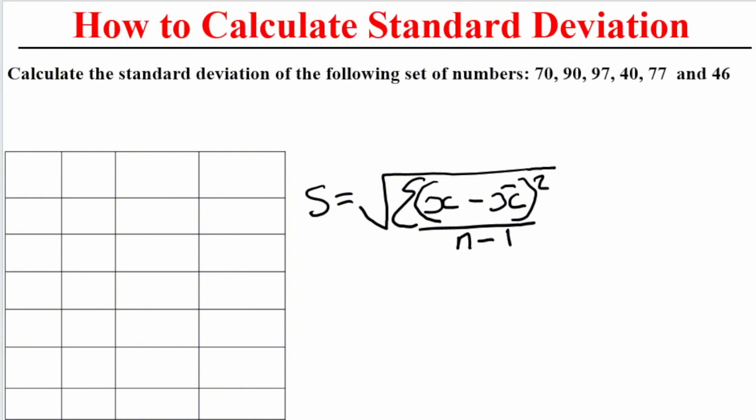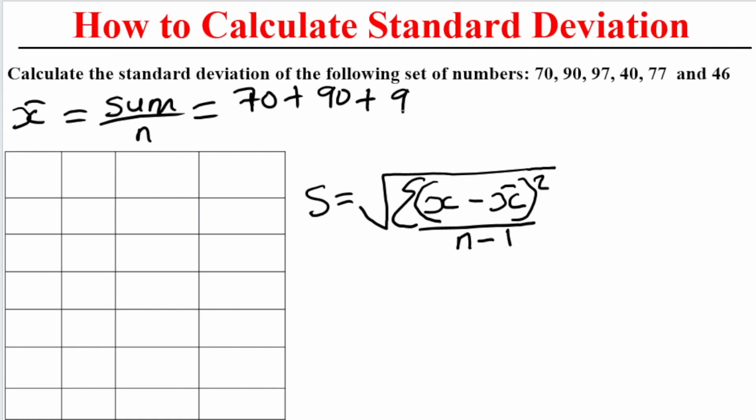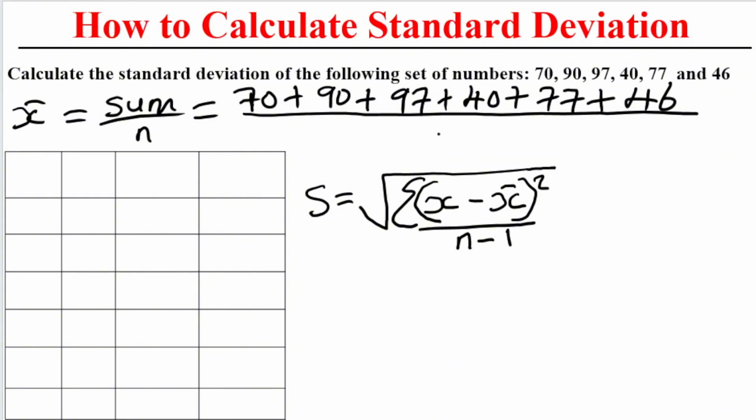Step 1 says we should find the mean. Our mean is equal to the sum of the numbers divided by the size of the sample, which is 70 plus 90 plus 97 plus 40 plus 77 plus 46, divided by the size of the sample.